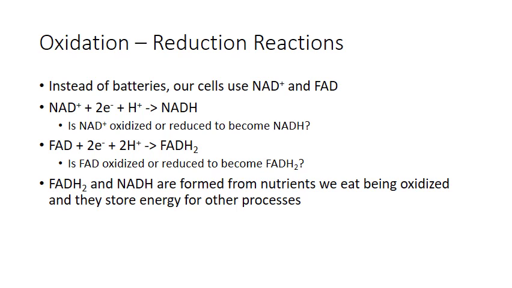So that's kind of the roadmap of what we'll be talking about. We'll be talking about how we are going to make NADH and FADH2 from the glucose. So we're going to add electrons to them, and they're going to be reduced. And then later down the line, they can be oxidized to make the ATP.